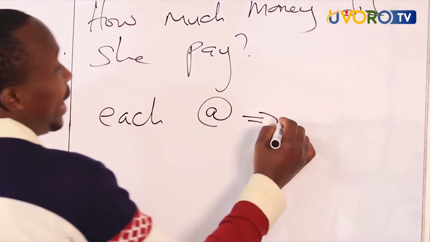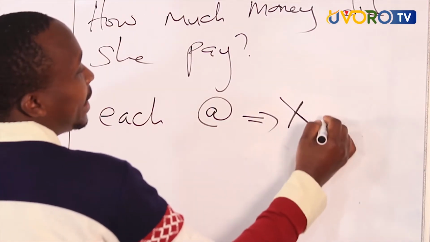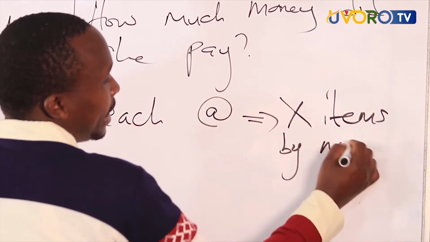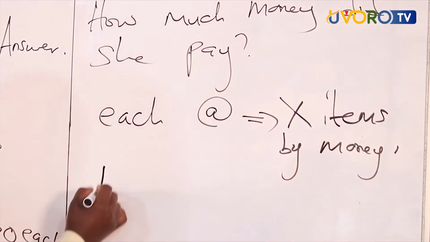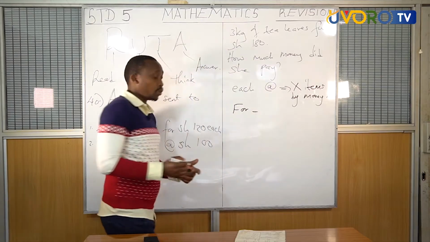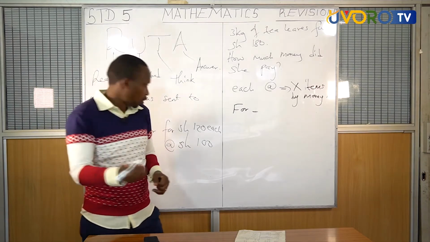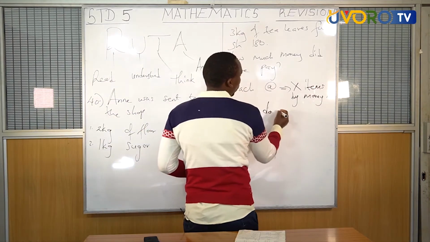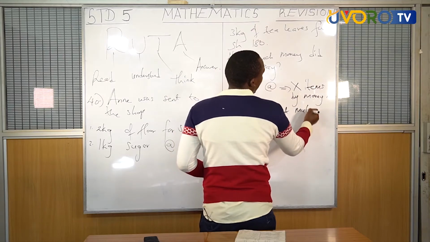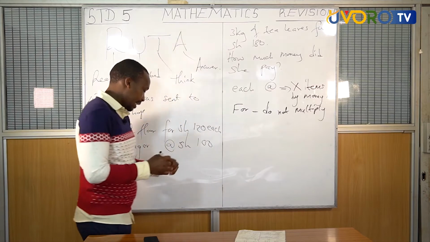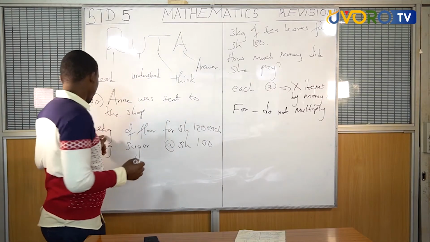You multiply the items by the money. What about 4? What did you do if you have 4? You don't multiply. Very good. Do not multiply.